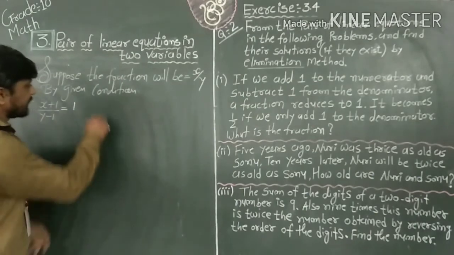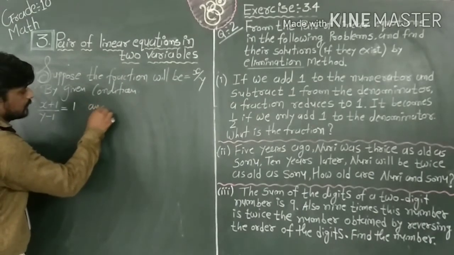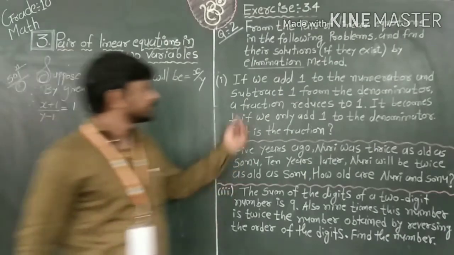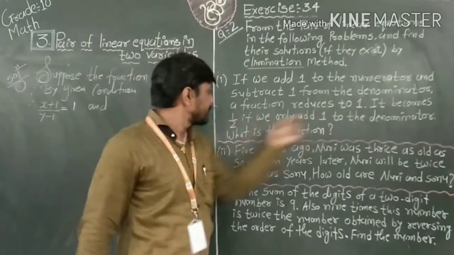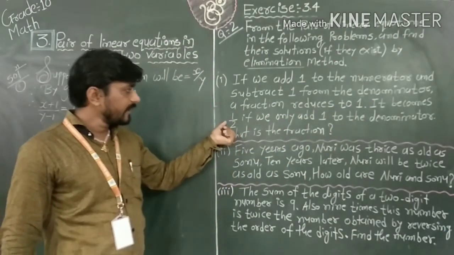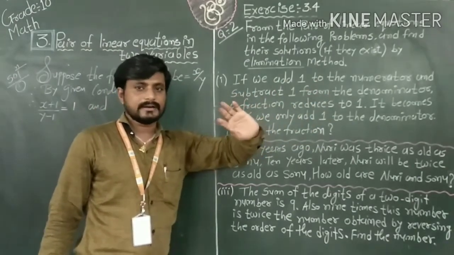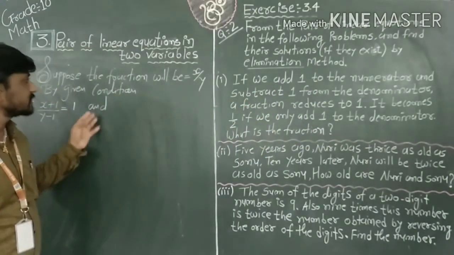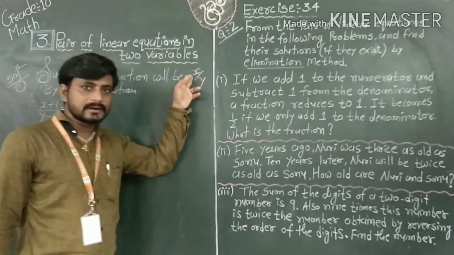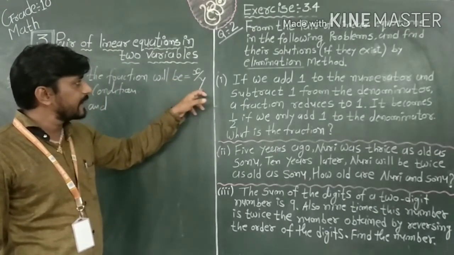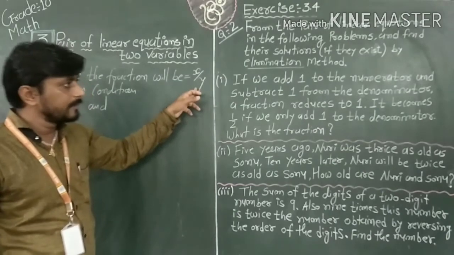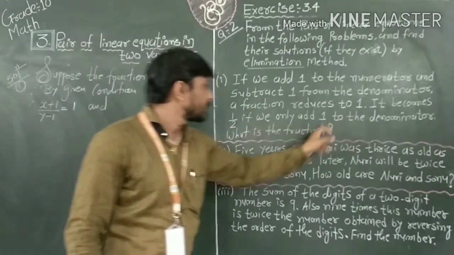Now what is the second condition? It becomes 1/2 if we only add 1 to the denominator. This time we do not have any condition for the numerator. This time we only add 1 to the denominator.